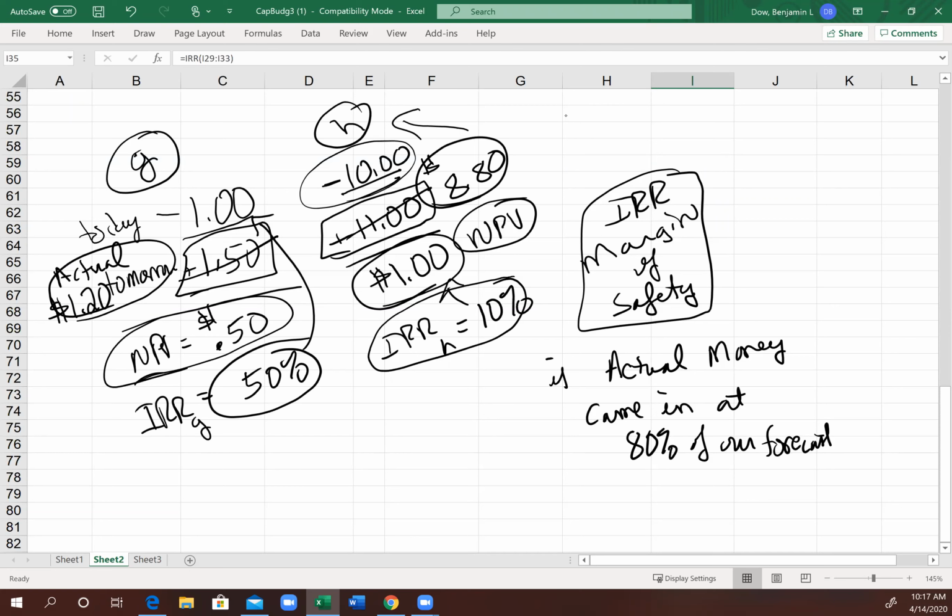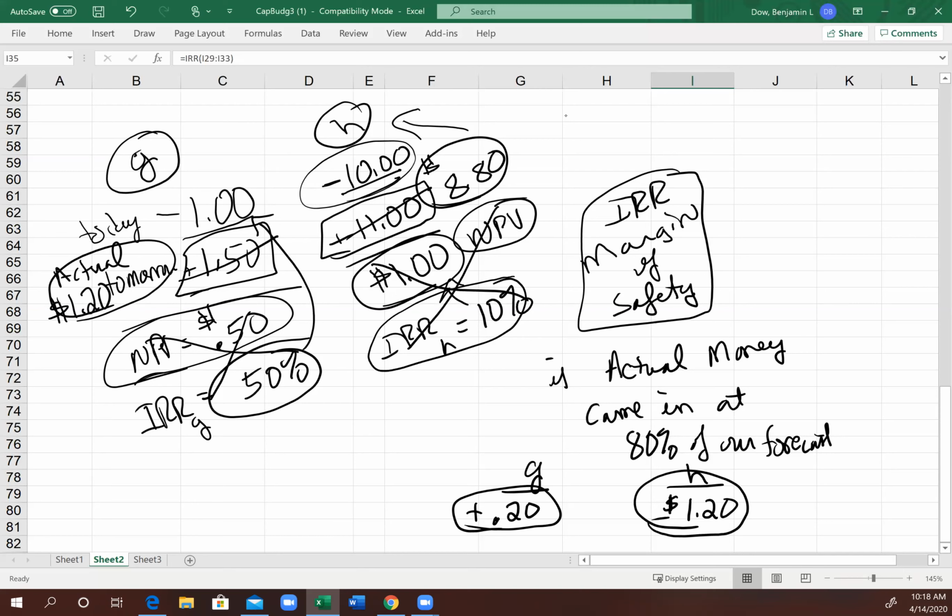Now look what happens. Forget about all this. In real life, what happens? If we only get back 80% of our forecast, G still gives us 20% more than what we started with, but H provides us with $1.20 less than we started with.